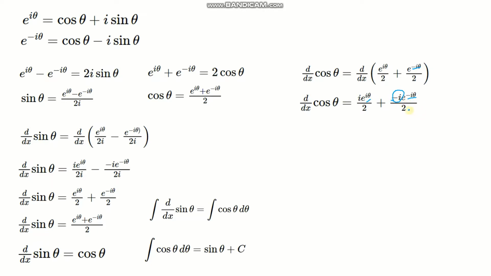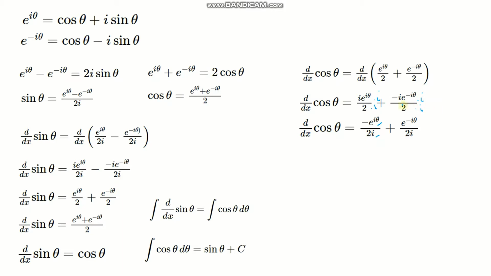For the first term, we multiply the numerator and denominator by i. i times i is the same as negative 1. The numerator becomes negative e to the i theta, and the denominator becomes 2 times i, 2i. And for the second term, we also multiply the numerator and denominator by i.